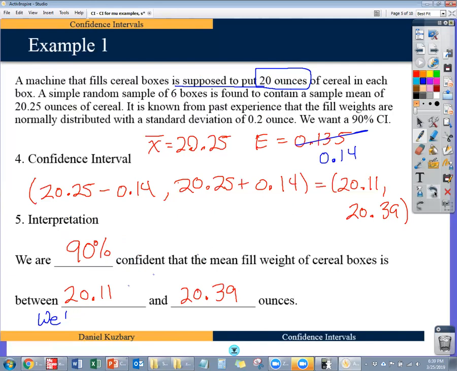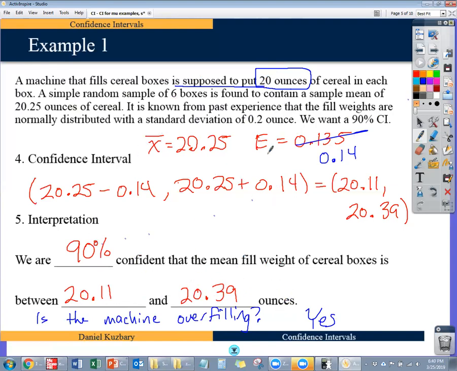If someone were to ask, is the machine under or overfilling, I would answer yes, because I'm 90% sure the mean is between here and here, and both of these are bigger than 20. So I'd say it's overfilling.